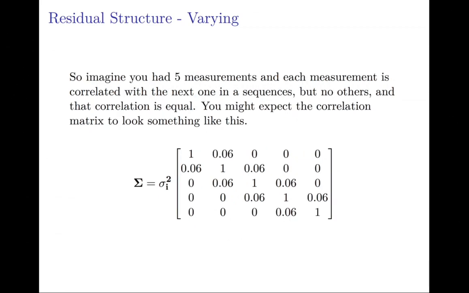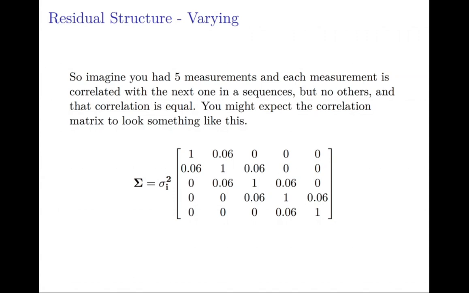So let's just think about a simple example. Imagine you have 5 measurements and each measurement is correlated to the next one in a sequence, but no others. And that correlation is equal. You might expect the correlation matrix to look something like this. So you have your sigma squared I on the outside. Again, you could still measure that separately or equally.